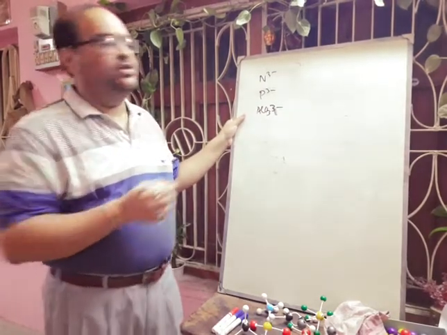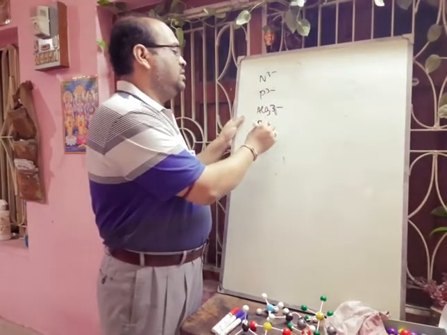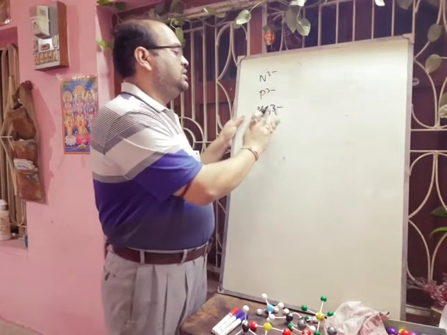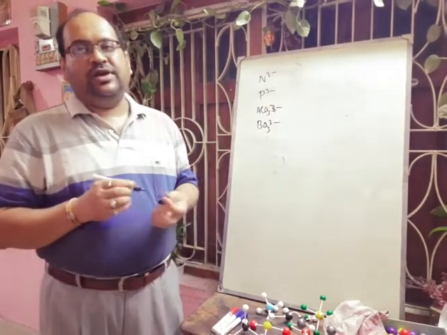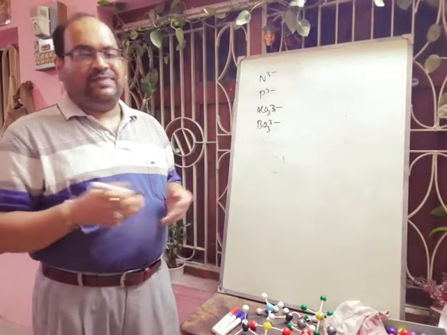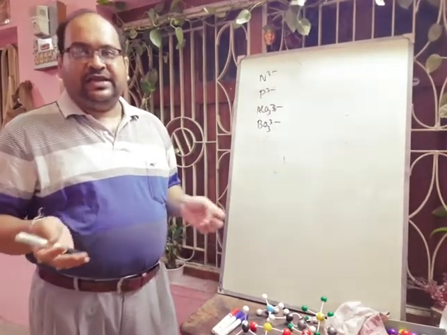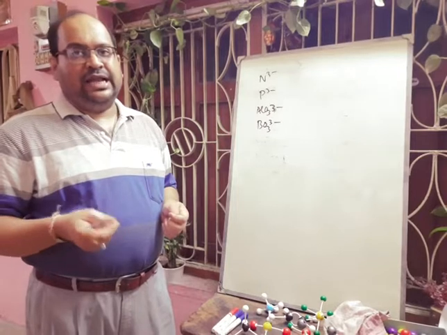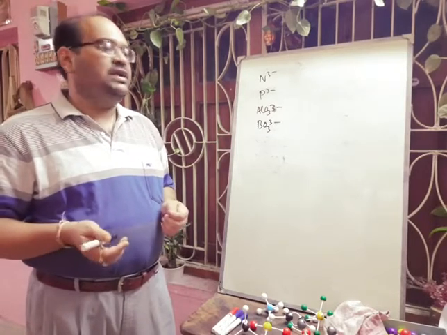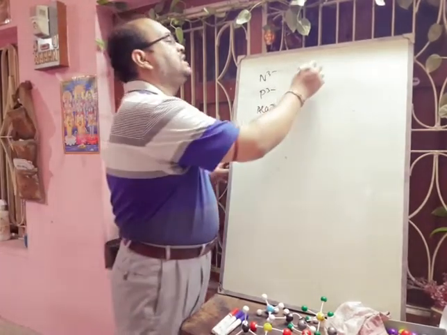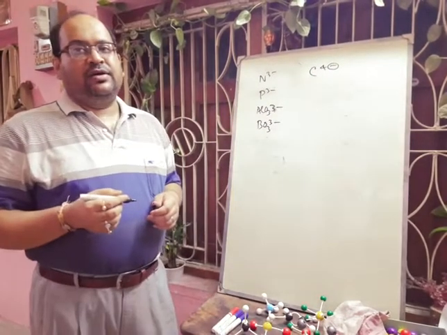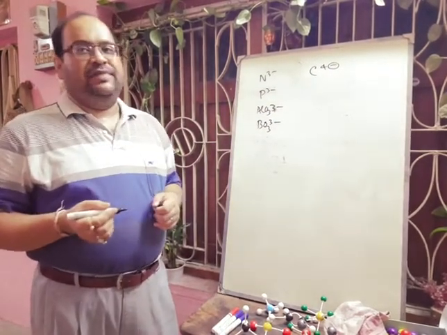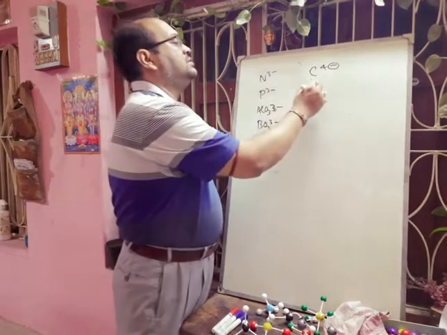Borate, BO3 3 minus, is also a trivalent acid radical. Ferricyanide, Fe(CN)6 3 minus. And next, tetravalent: C4 minus, that is carbide. Ferrocyanide, Fe(CN)6 4 minus.